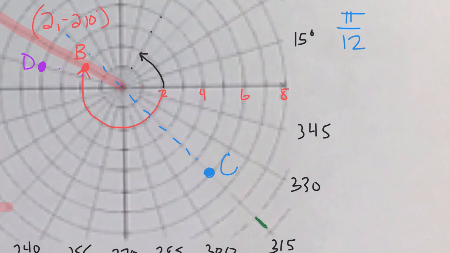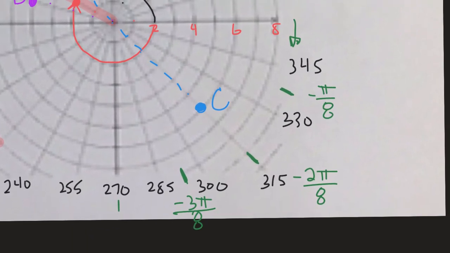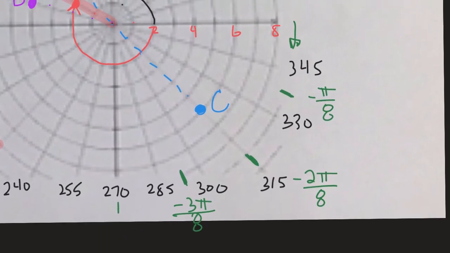Since it's negative, right, we're going in this direction for our negative angles. So here, halfway is negative 1 pi over 8. That means this is negative 2 pi over 8. And if we come halfway, here is your negative 3 pi over 8 angle. Halfway between negative 45 and negative 90.